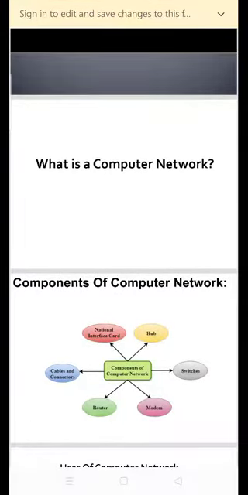So first of all, the first question that arises in our mind is, what is a computer network? A computer network is a group of computers connected with each other through wires like fiber optics, fiber links, etc. These devices are connected and interact with each other through a network.